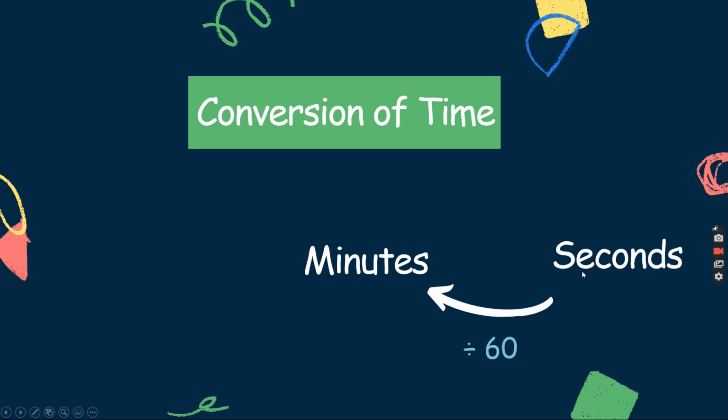So in order to change from seconds to minutes, we just divide by 60, and the same goes for when we want to change from minutes to hours, we just divide by 60. So today's lesson is pretty straightforward, like last time on Monday.